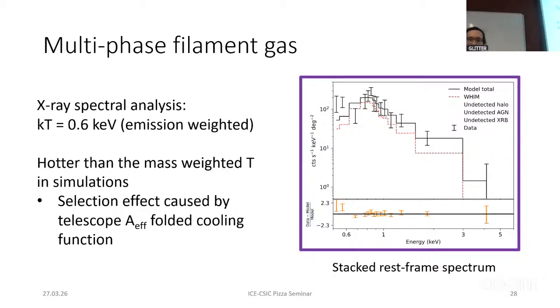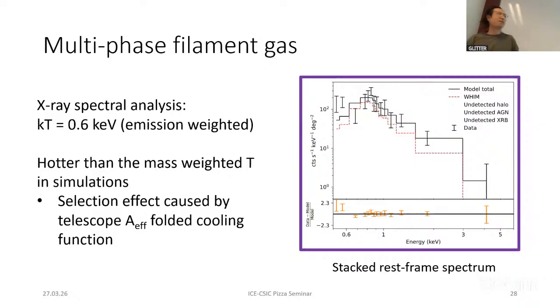We fit our stacked spectra. The signal to noise of individual bins is not really high, but still we get a temperature of 0.6 keV. You might notice 0.6 keV is a hot temperature.